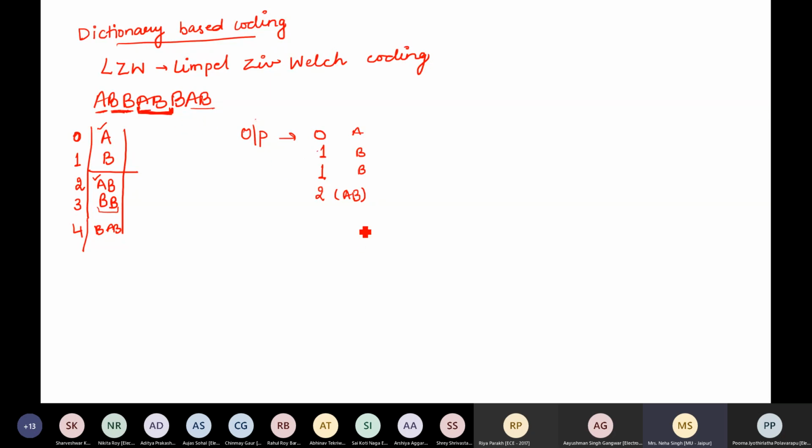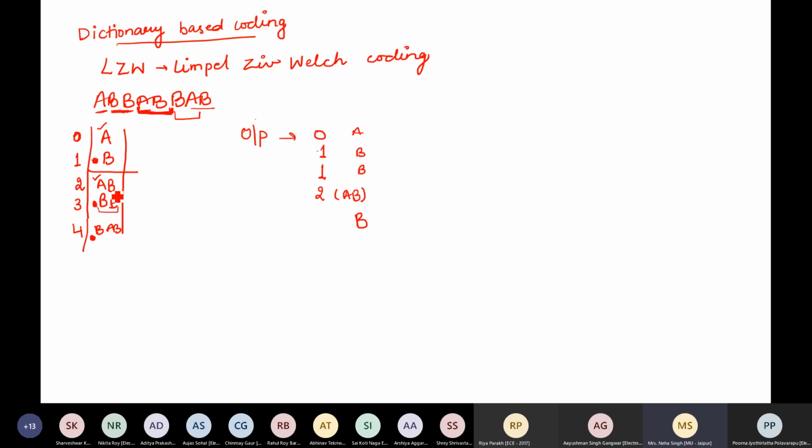So now I have the new word B. I have options for B now. I can have single B, I can have 2B, and I can have BAB. So I'll try to look out if I can have any of these possibilities. So I combine the next symbol. So BA. So I will not transmit this 1 followed by 0.